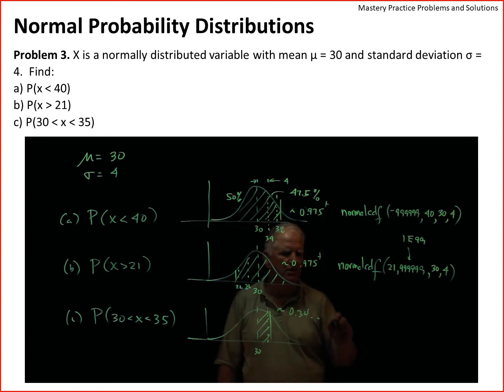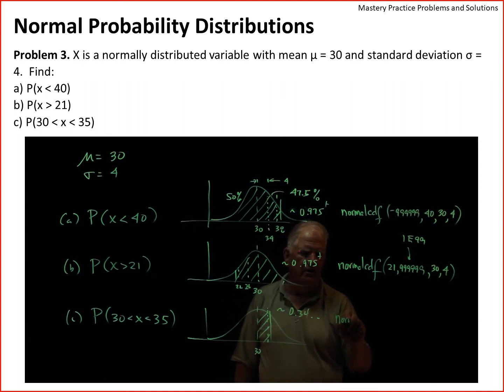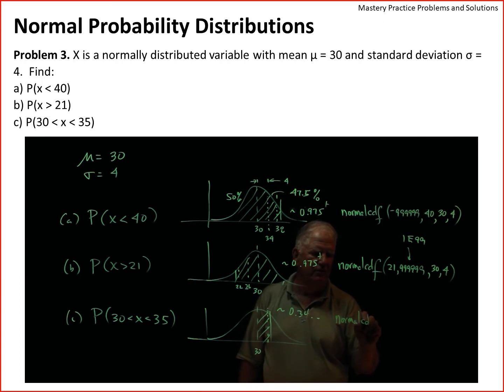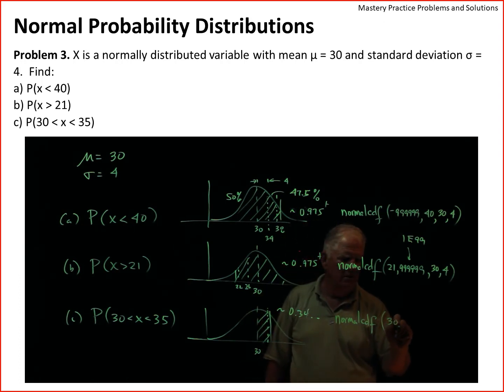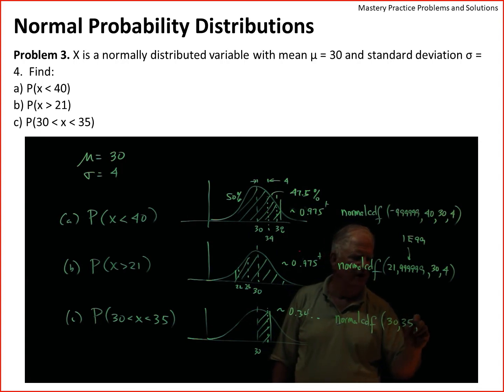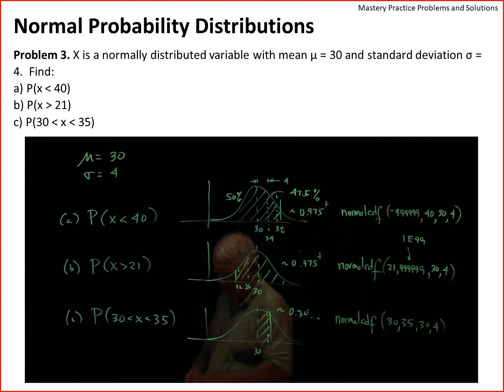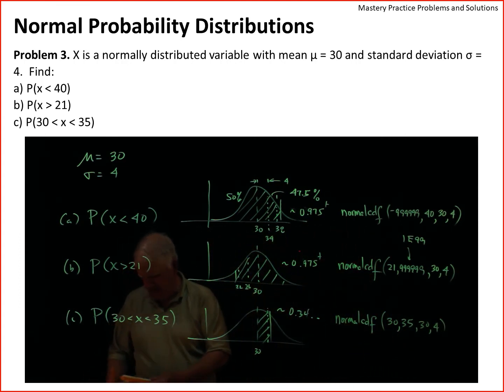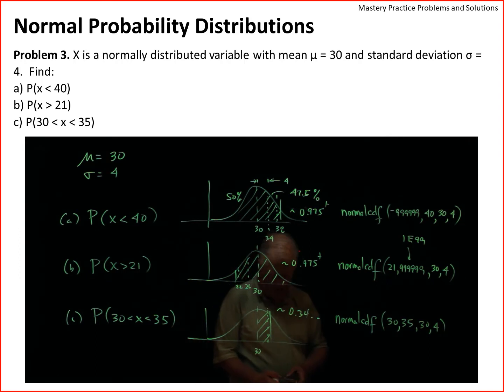But this is a reality check for you, right? If we get something very different, I'm going to turn off the recording and sulk. So here's the lower bound 30, upper bound 35, 30, and 4. And let me pull out the calculator and in real time see if we can make that work.